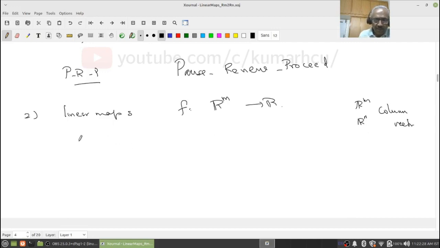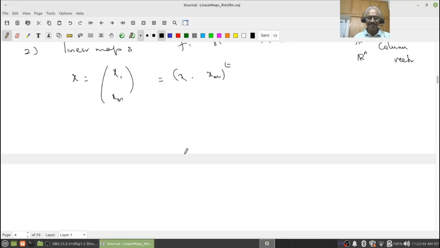Therefore let x be x1 to xm. I may write it like this, but what I mean is the transpose. Even when I write x1, x2 as a row vector, please think of it as a column vector. For expediency I'm just writing it as a row vector.